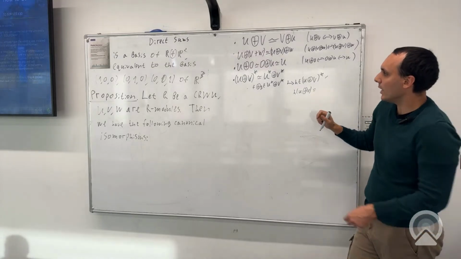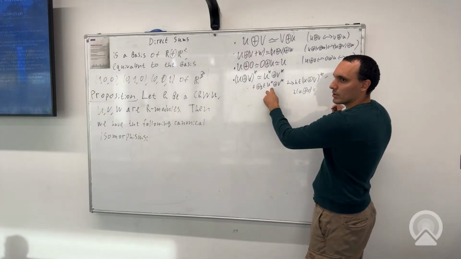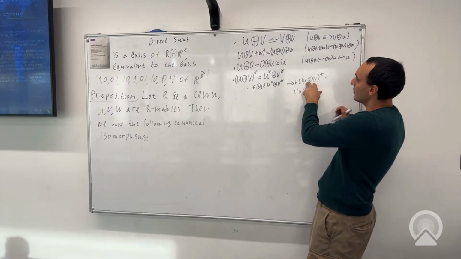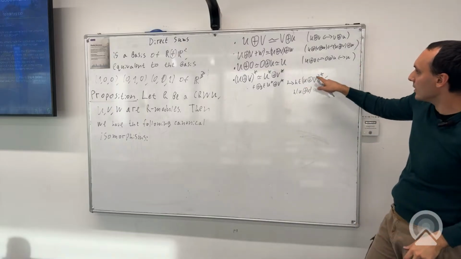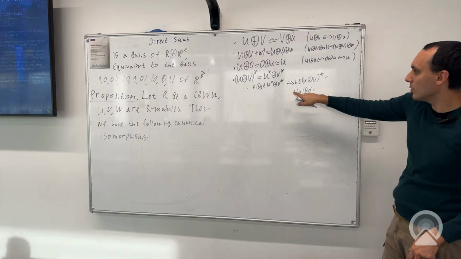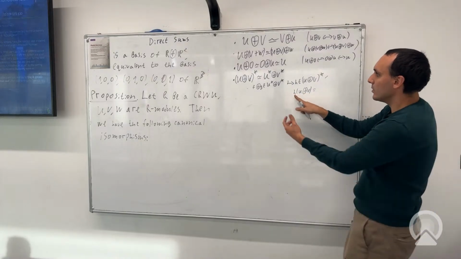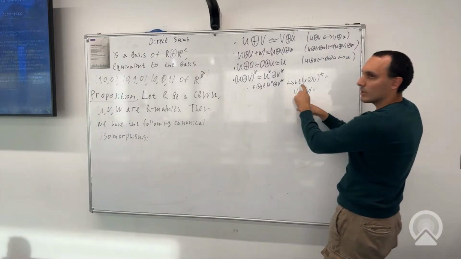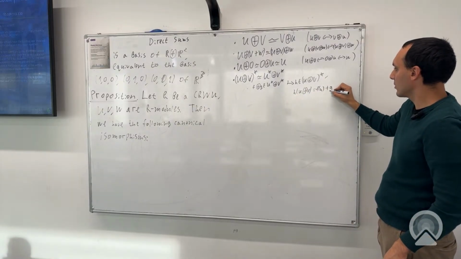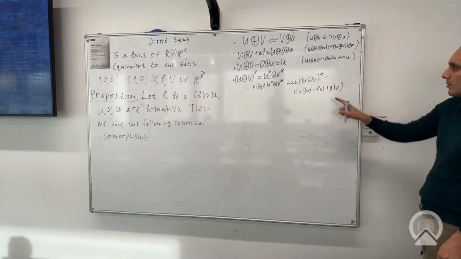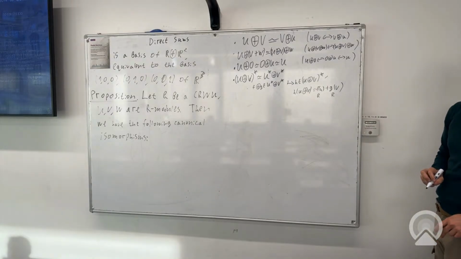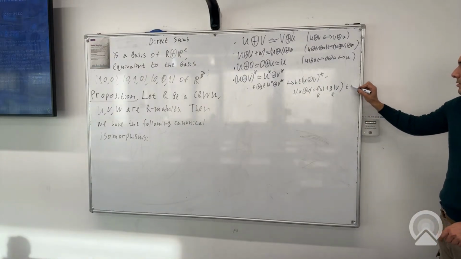I want to make it an element of (U plus V) star, so it's a function from U plus V to R. I need to get a relationship between F plus G and H. That is in R, and that is in R, and the whole result is in R.